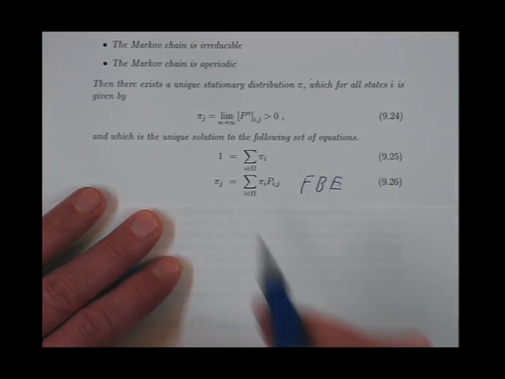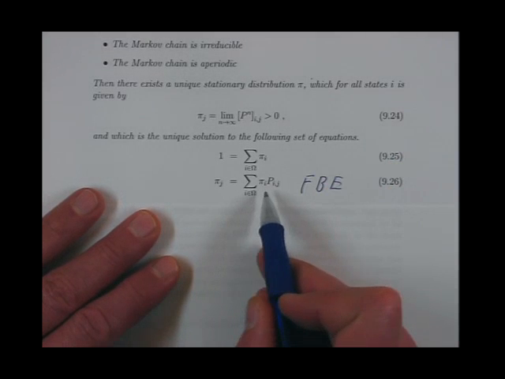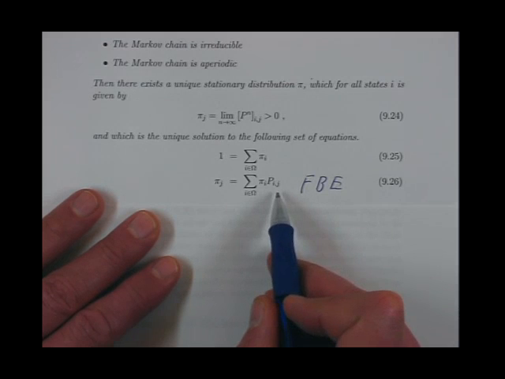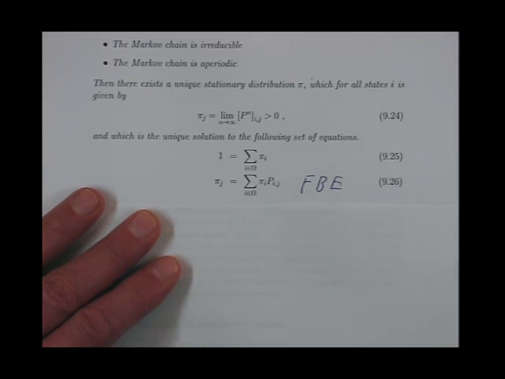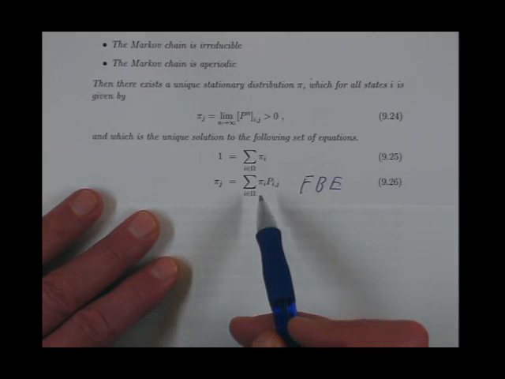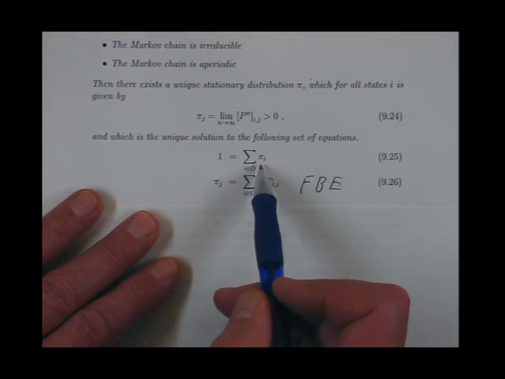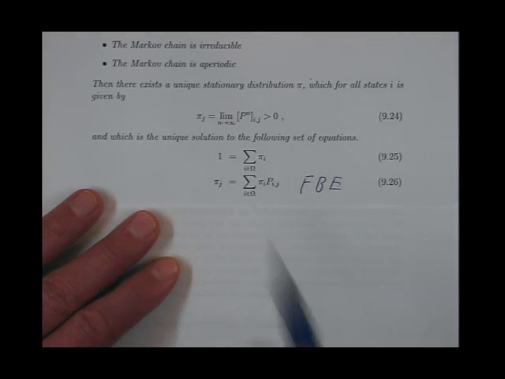And what this equation says is that if you start in the steady state distribution, or the ergodic distribution, and you apply the transition rule, you end up back in the steady state distribution. So you find a solution to this system of equations, subject to the constraint that the pi's have to sum to 1. Now, if the pi's are 0, you got a problem, because then this will be trivially solved.